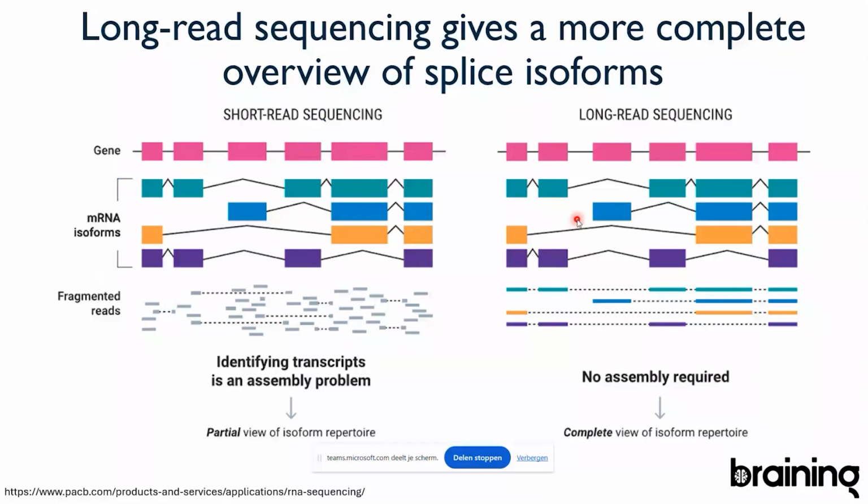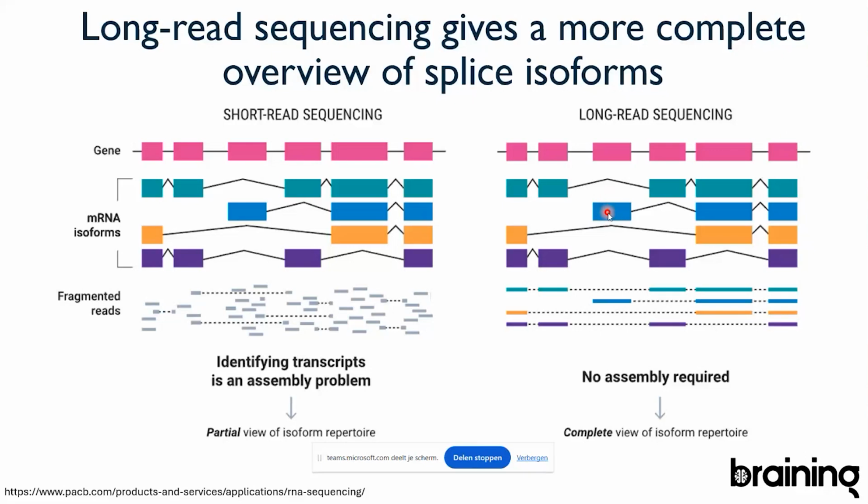However, with long read sequencing, I will sequence my RNA from the beginning to the end. So I know that exon 1 is next to exon 2, it's next to exon 3, it's next to exon 4, it's next to exon 5, it's next to exon 6, right? And in this molecule, for example, I can see that it starts with exon 3.